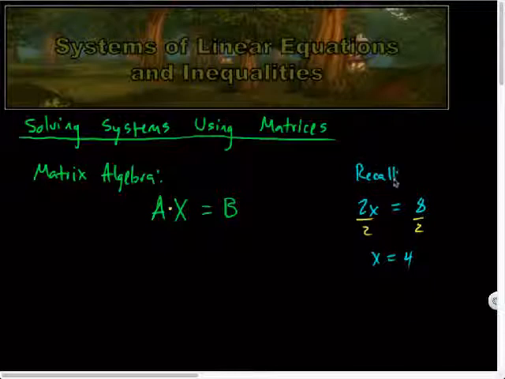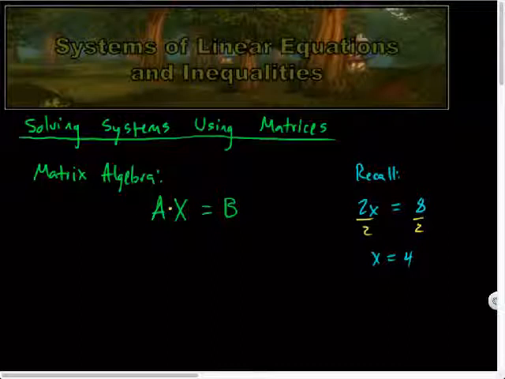However, the problem with matrices is, you might remember, that there's no such thing as dividing in matrices. So I can't divide both sides by matrix A. I can, however, if matrix A has an inverse, multiply both sides by its inverse.